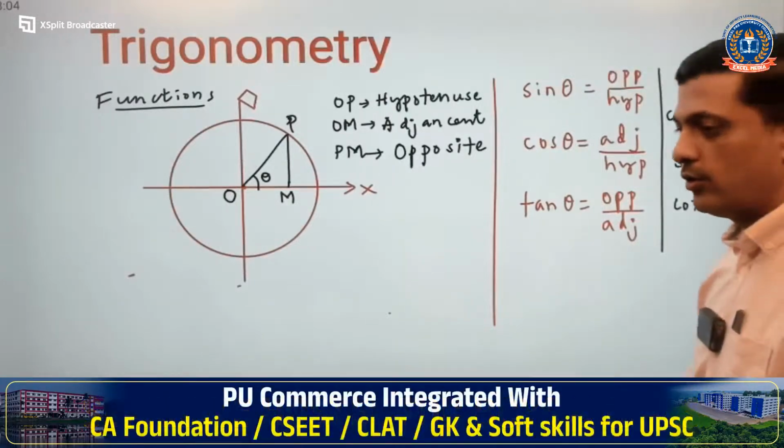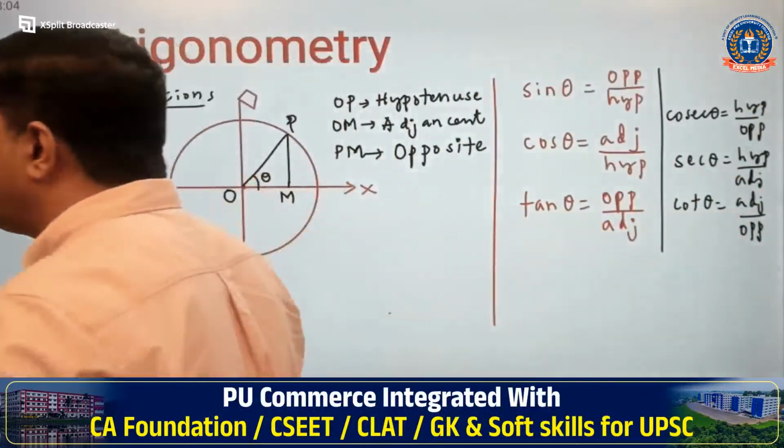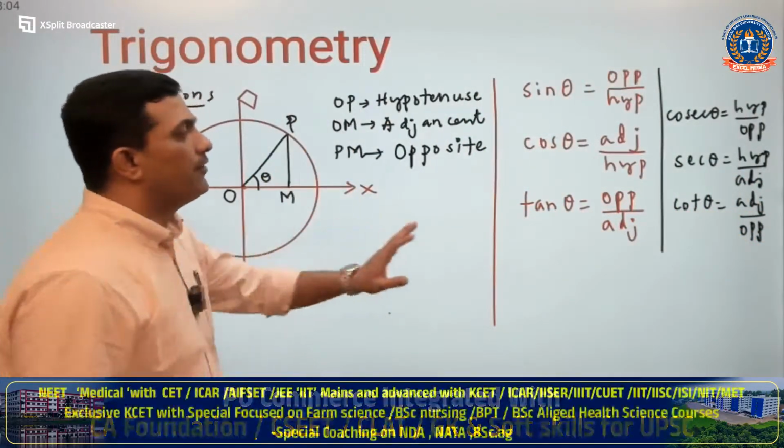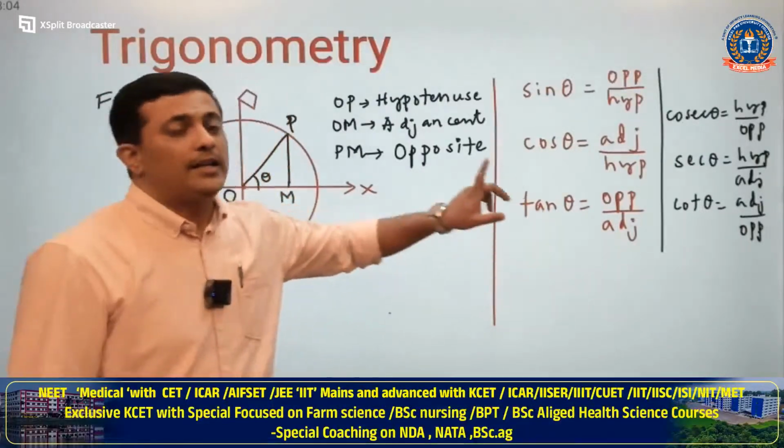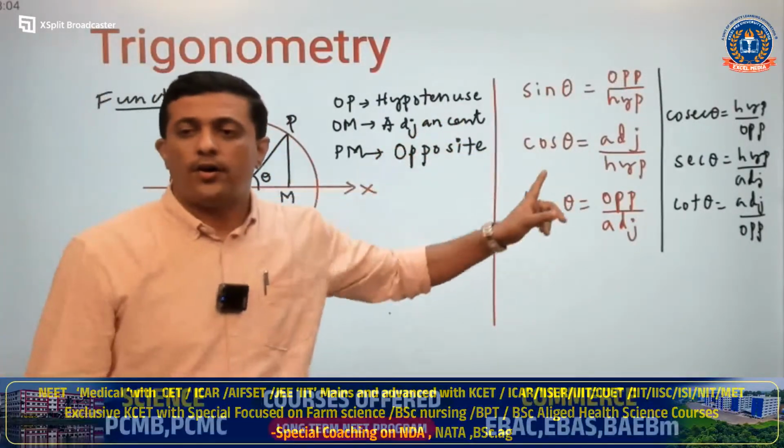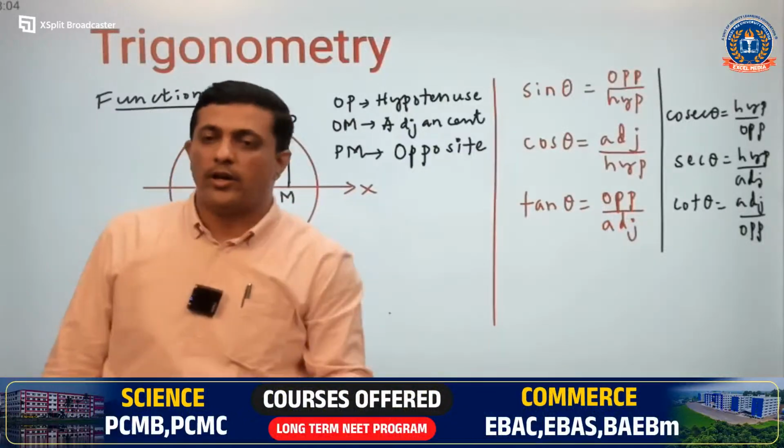So that's it, the basic trigonometric functions which we have defined here. Sine and cosec, cos and secant, tan and cot are reciprocal identities.